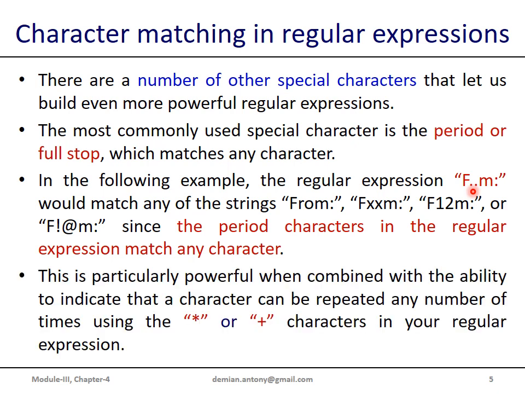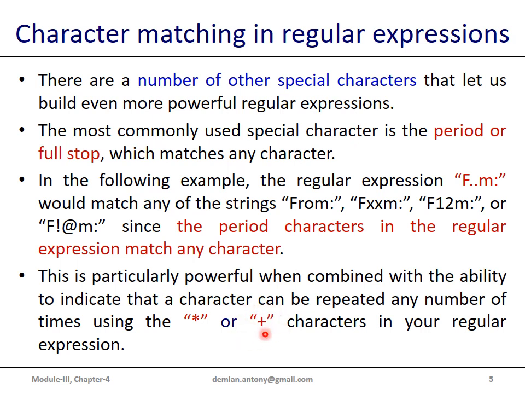Apart from this, we can combine these wildcard characters along with the period character. So one is a star. It means 0 or more occurrences of a given character. The plus special character means at least one occurrence, one or more.